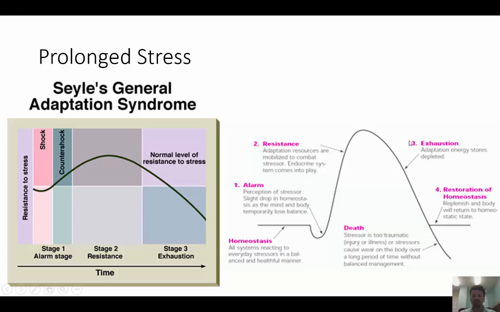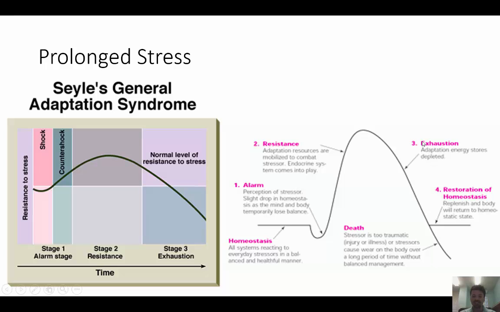Too much stress actually affects the body's function. So for example, the stress hormones actually reduce the immune system. So people who are under prolonged stress are more likely to get a cold. The stress hormones can lead to changes in your gut processes. So people under prolonged stress can get ulcers.